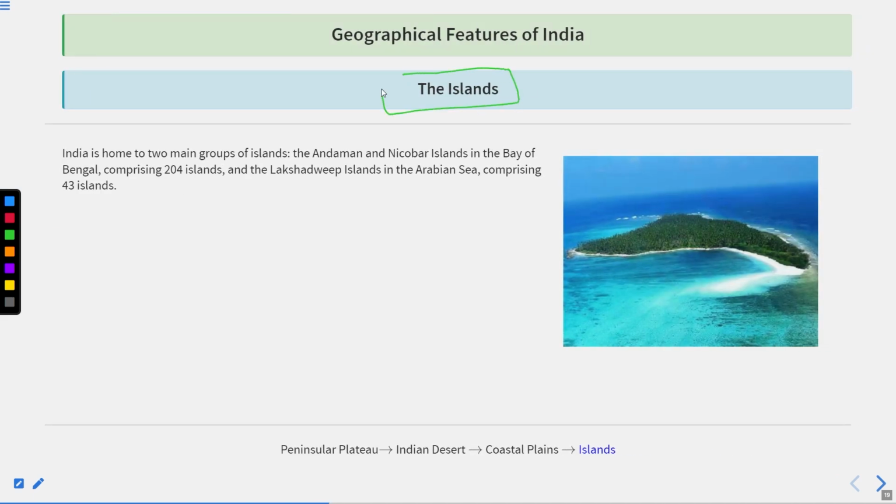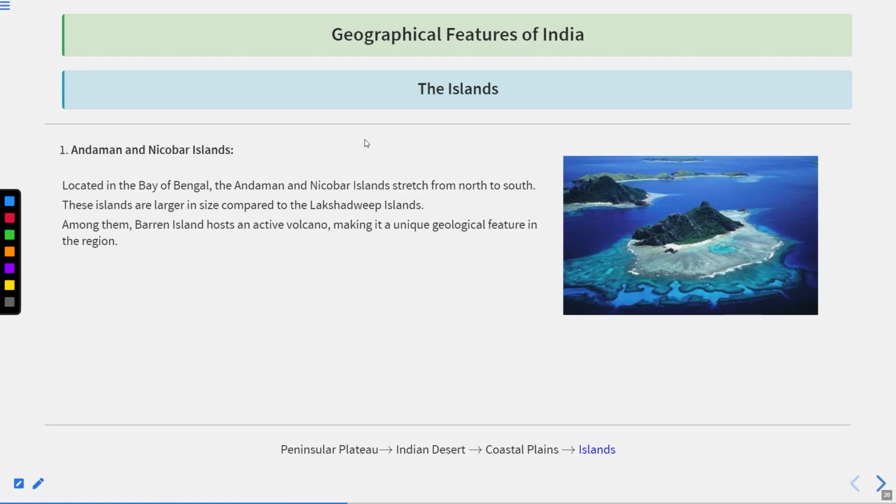After the coastal plains, now we have the islands to discuss. India is home to two main groups of islands: the Andaman and Nicobar, which lie in the Bay of Bengal, comprising 204 islands, and the Lakshadweep Islands in the Arabian Sea, comprising 43 islands. The Andaman and Nicobar Islands are located in the Bay of Bengal on the eastern side.